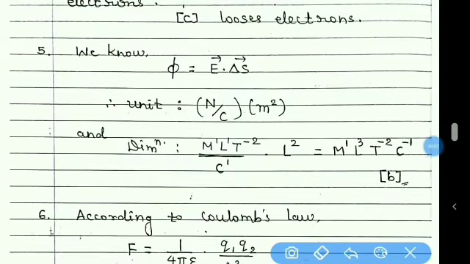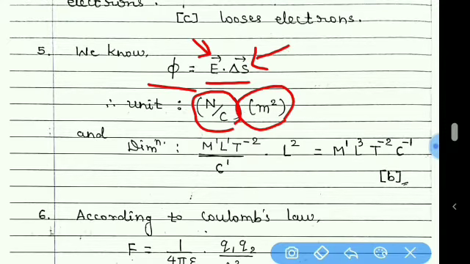So flux phi is equal to E dot delta S, where E is the electric field and delta S is the area. Now we know that the unit of electric field is Newton per coulomb and the unit of area is meter square.